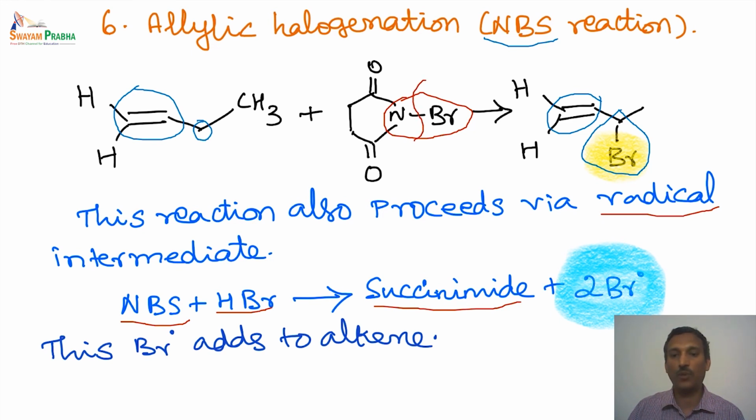So here we see the bromine radical is formed, and one radical is coming from here and the second radical is coming from the breakage of HBr. Because we have two bonds, these two get cleaved to produce two bromine radicals, and this bromine radical adds to the allylic position to give the corresponding allyl bromide.